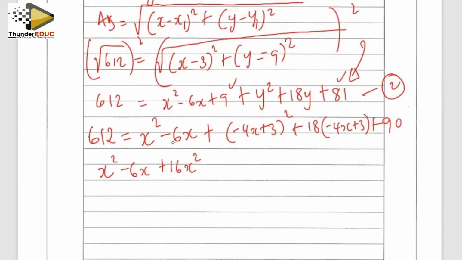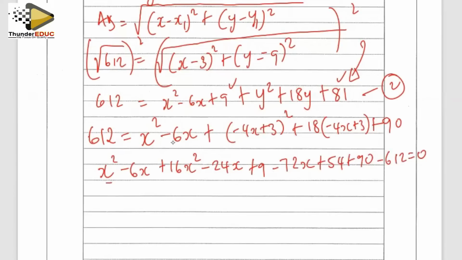This is 12 times 2, I'm going to get 24X. After getting the 24X, I'll have a plus 9. Open that up, I have -72X. 18 and 3 is going to give me a positive 54. And then plus 90. And then I'm subtracting 612. Should give me a 0.